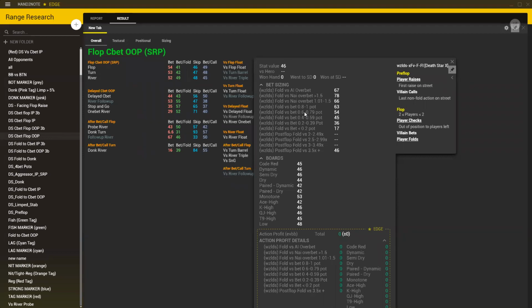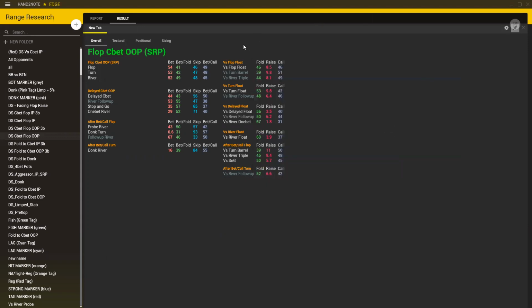So what this means is we are incentivized to use smaller sizings with hands that really don't have a lot of equity. So if we completely miss the flop and we want to float bet the flop with an air type hand without really too much prospects for improving, 1/3 sizing is usually going to be our go-to sizing in this situation. But as we can see, regardless of the sizing, we generate automatic profit here.